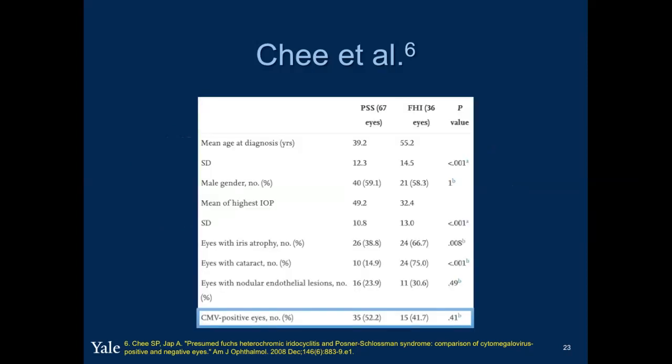They found that in patients who were diagnosed with Posner-Schlossman syndrome, there was a 52.2% likelihood of them having a CMV PCR positive sample on their AC tap. This was actually in contrast to Fuchs heterochromic iridocyclitis, which is a different clinical entity, which also tended to have quite a high rate of CMV positive eyes on PCR.